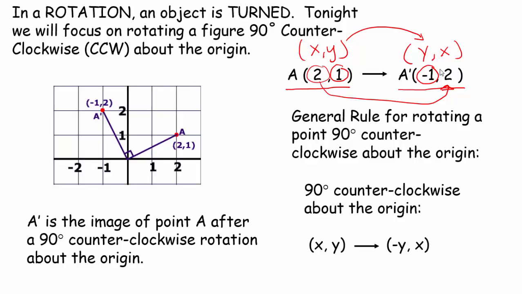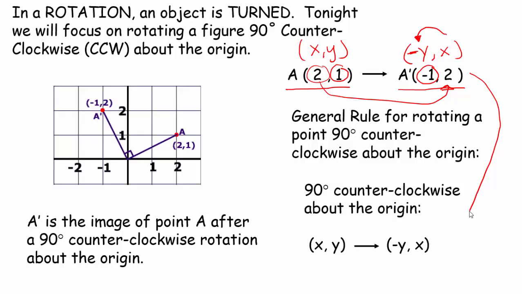Well, remember, in a counterclockwise rotation, we move to the left. We're moving that figure to the left. So guess which one changes its sign? The one I'm pointing to, the Y coordinate. So in a counterclockwise rotation, when we move to the left, it points to the Y coordinate. So that's the one we're going to change the sign on.